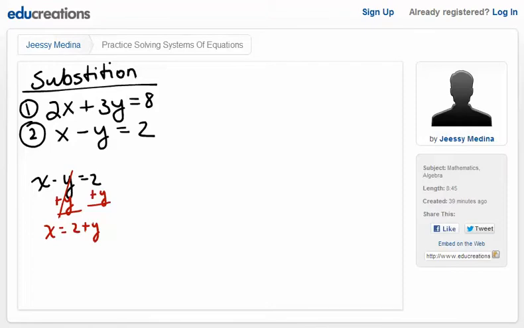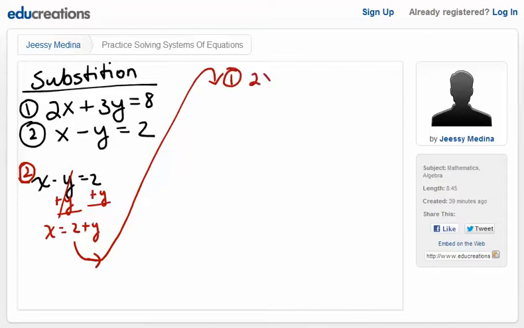Okay? What we're going to do is substitute in. We started with the second equation, right? So because we started with the second equation, we have to substitute this into the first equation. The first equation was 2x plus 3y equals 8. But x is 2 plus y.